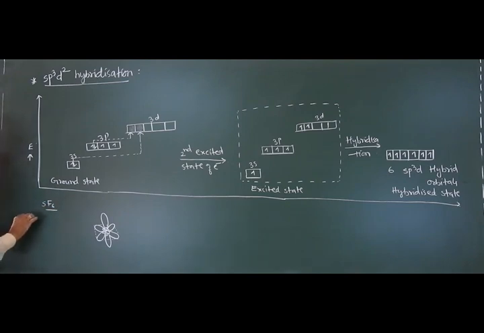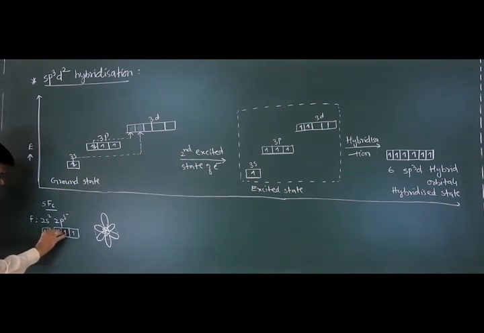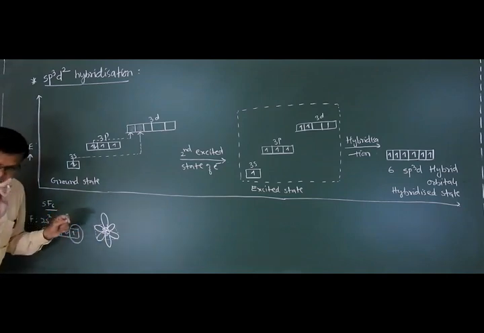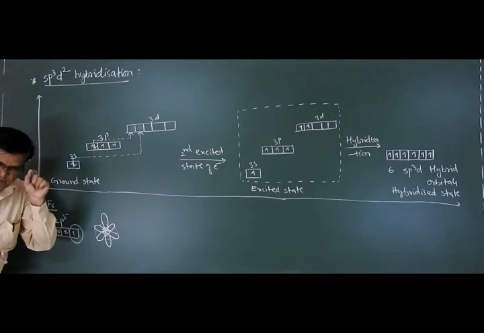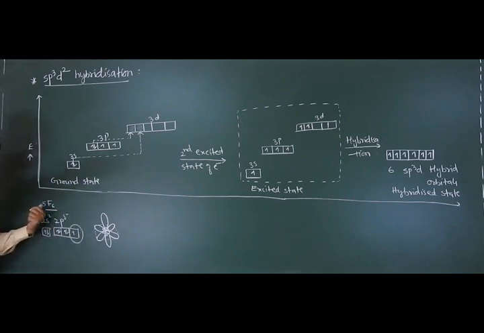What is the configuration of fluorine? 2s2, 2p5. 2s has 2 electrons, 2p has 5 electrons. 1, 2, 3, 4, 5. This orbital having 1 electron means the sp3d2 hybrid orbital of sulfur overlaps with the pz orbital of the fluorine atom.